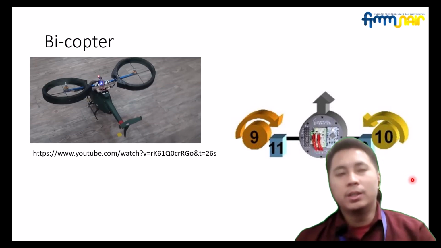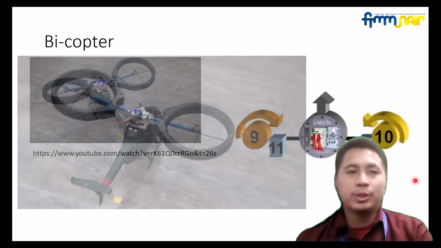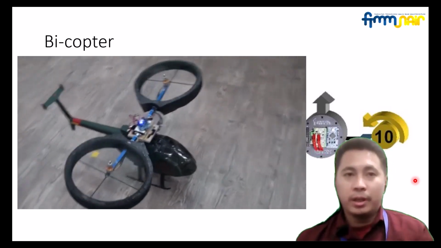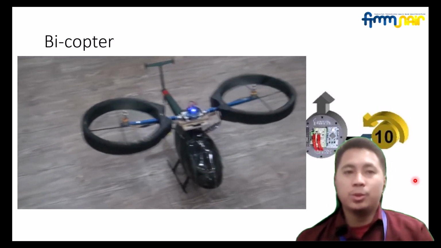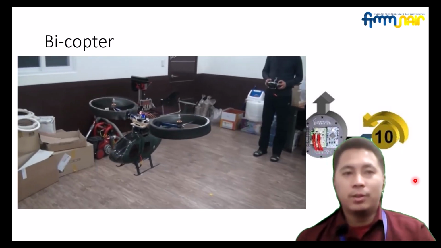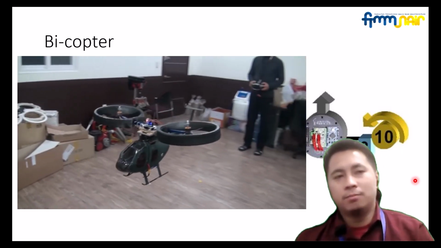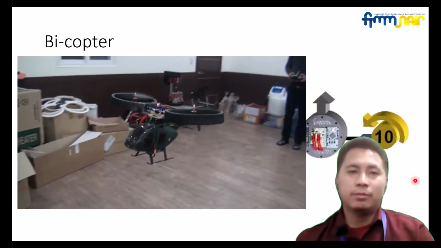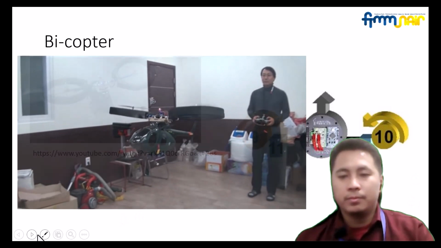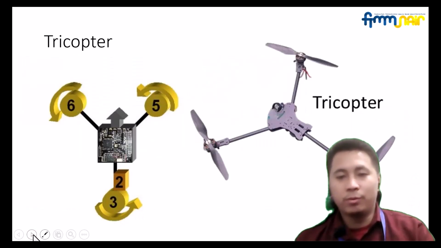Bicopter could be the cheapest multicopter configuration to build among all because it only uses two motors and two servos. But it is also the most difficult platform to stabilize in flight. It has the least lifting power, given the fact that it only has two motors.